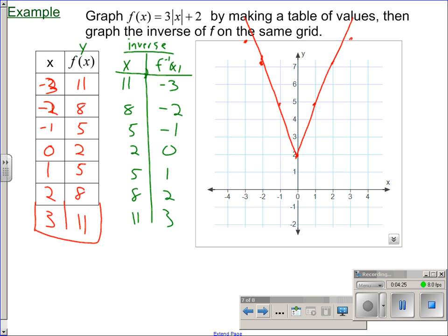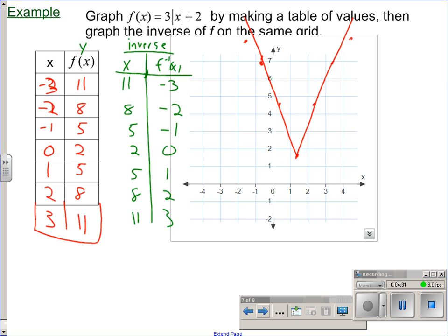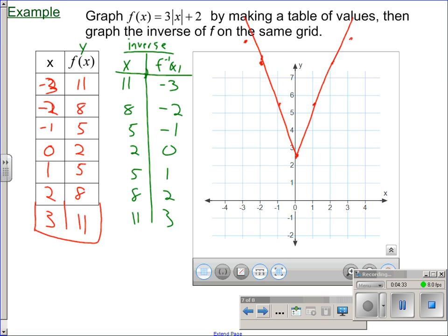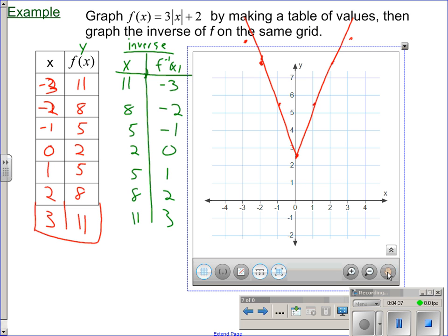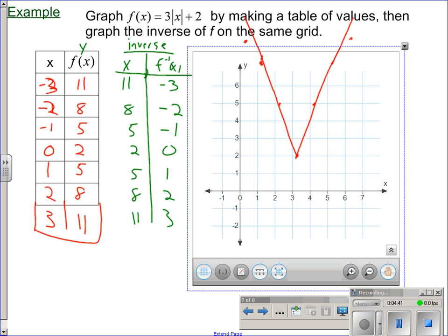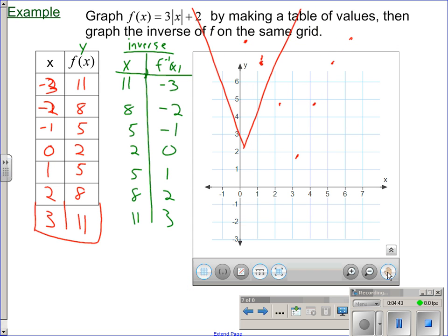And now we're going to plot those points. Okay, let's see if we can do this. Now it's getting closer. Okay, so plotting these points.